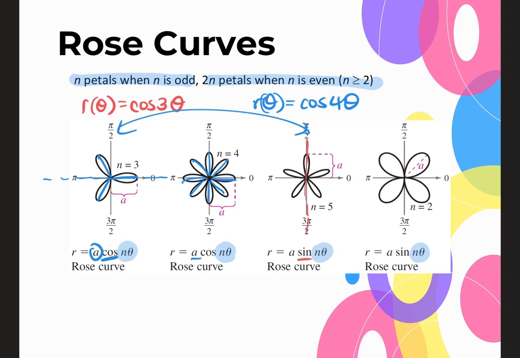And then if it is even, it will also have pole symmetry. So whatever happens over here is going to duplicate down here. Whatever happens here is going to duplicate down here. So odd will have either polar or pi over 2, and even could have all of it: polar, pi over 2, and pole.